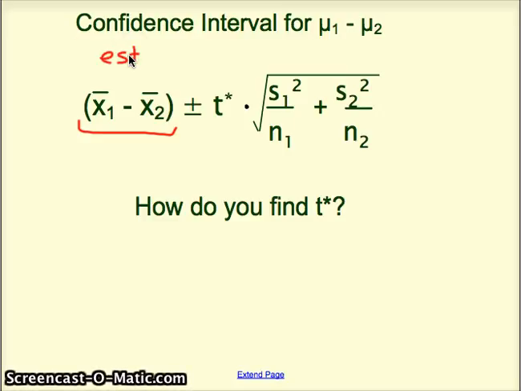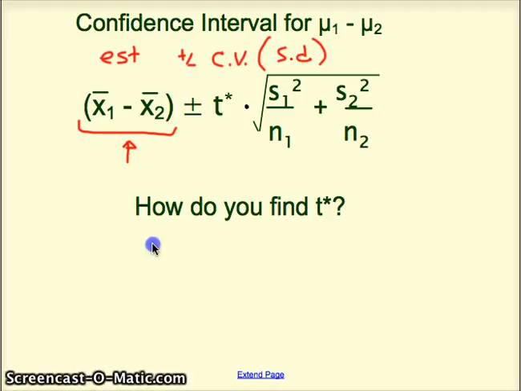There's an estimate. Here I have the estimate of the difference, plus or minus a critical value, which is a certain number of standard deviations, right? In this case, the standard deviation of the statistic represented by the difference of averages here. So I have an estimate plus or minus t star times a standard error using s.